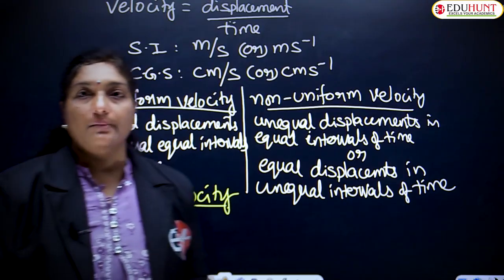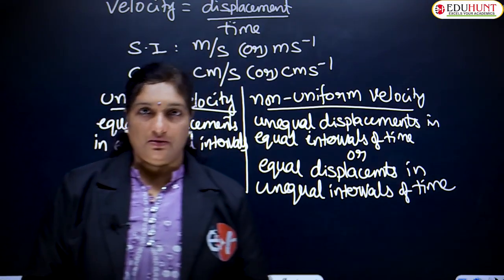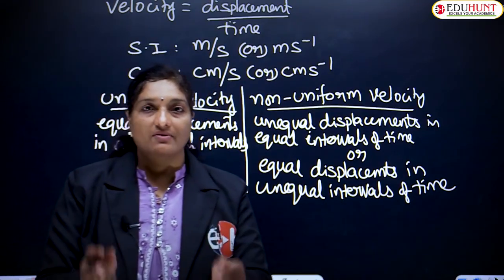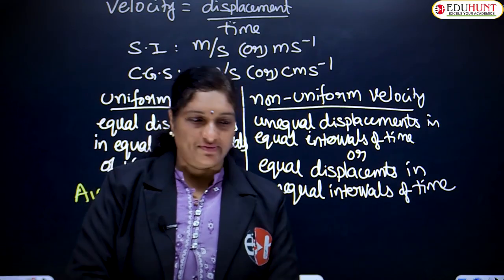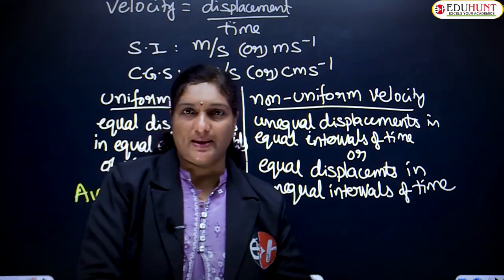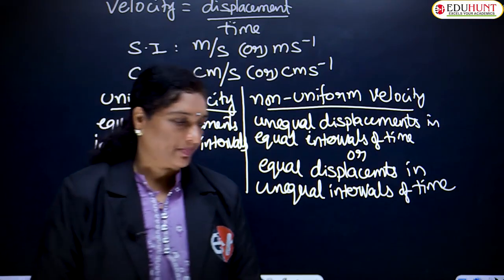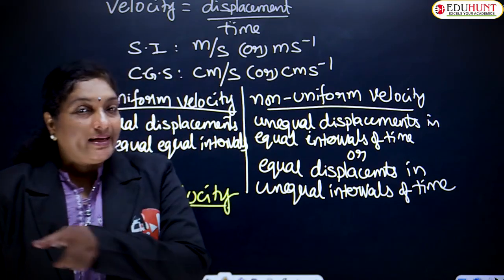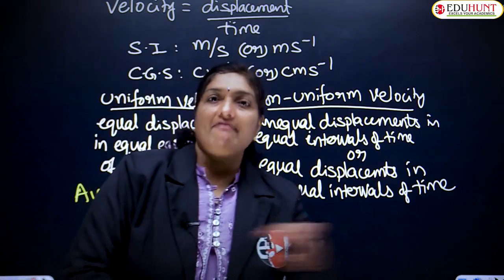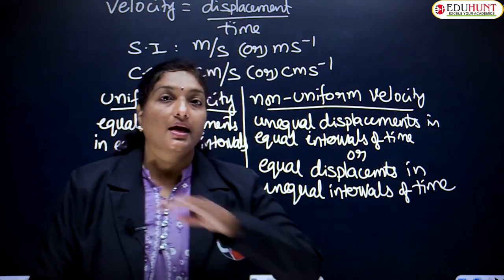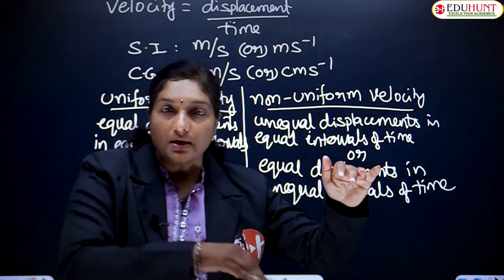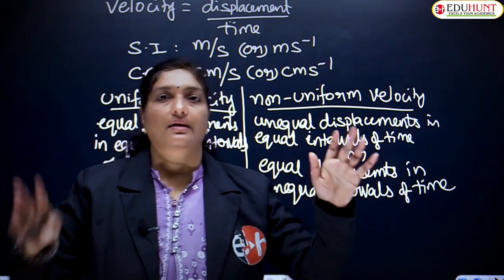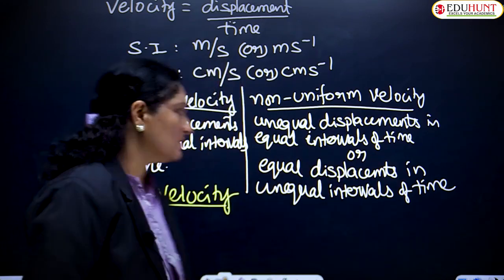Suppose a body moves with non-uniform velocity, covering unequal displacements in unequal intervals of time, different displacements in different times. Then we need to calculate the average of all values, that is, the total displacement covered by the body per total time interval is called average velocity.